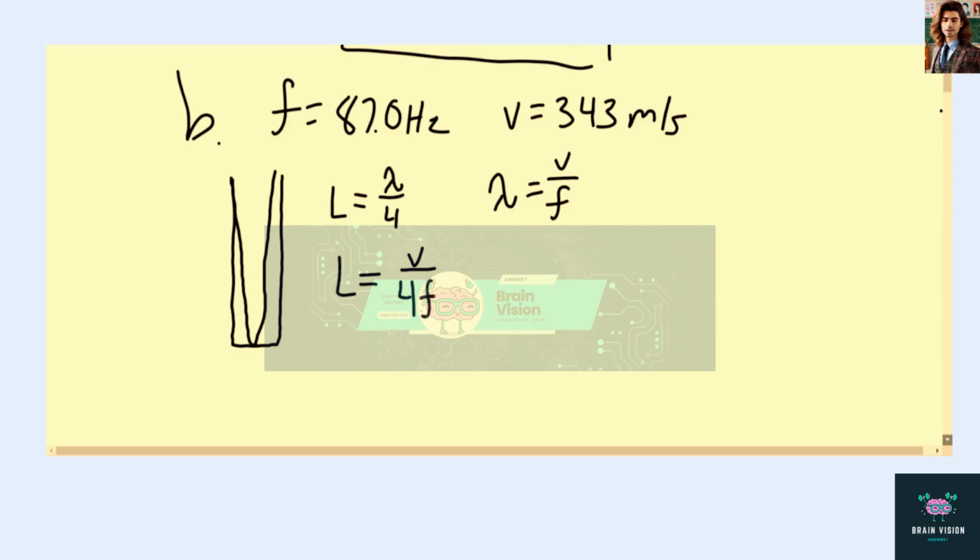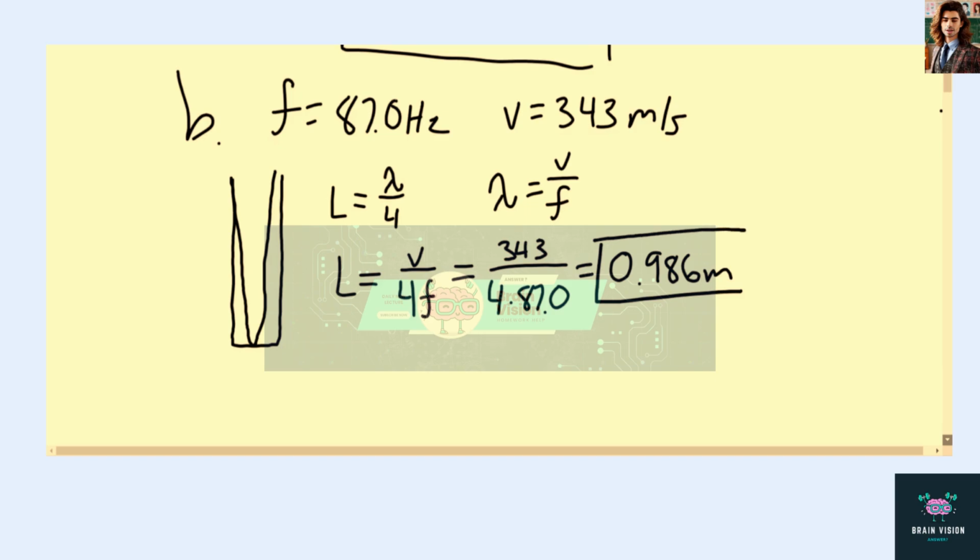That is going to be 1/4 the wavelength. We have V and we have F, so we can just plug that in. So V, of course, 343 divided by 4 times 87.0. And if you plug that in, you should get that the length of the tube needs to be 0.986 meters. And that's our answer for part B, and we are all done.